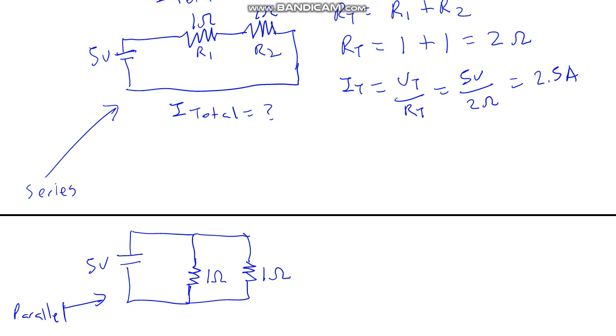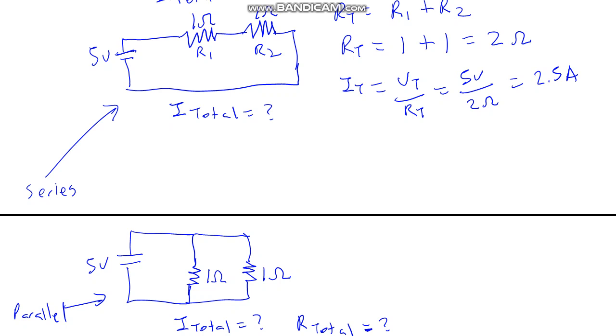And so with parallel, we have to ask the same question, what's the I total? They may ask you the I total. In order to figure out I total, which is the current total, we need to know the resistance total, so then we can use Ohm's law. And resistance total, we don't know.